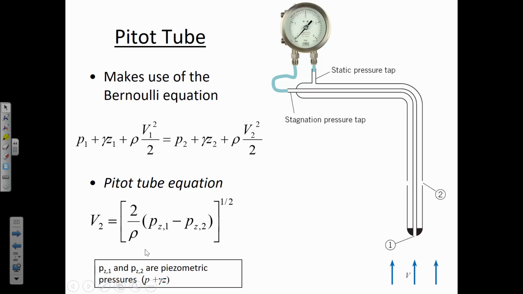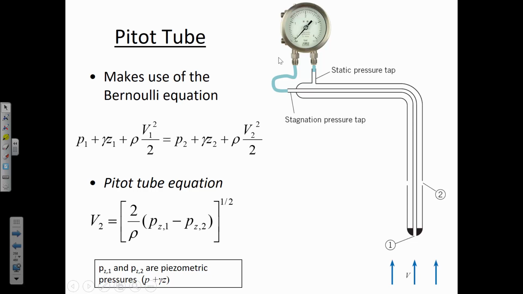So P sub Z is pressure plus gamma Z. All right. So if 1 and 2 are the same elevation, then P sub Z1 minus P sub Z2 really is just delta P.